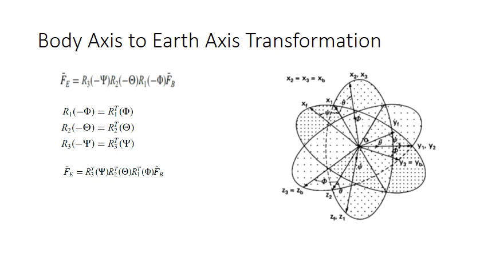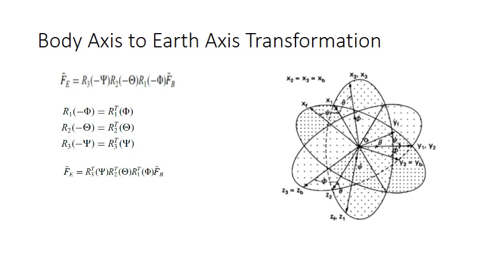Then F in the Earth axis system equals R3 transpose times R2 transpose times R1 transpose times the F vector in the body axis system. This is very convenient for transforming the acceleration or velocity vector in the body axis system into a vector in the Earth axis system.